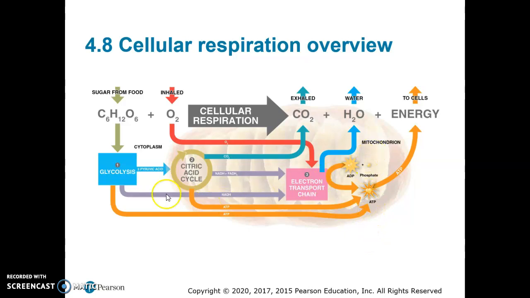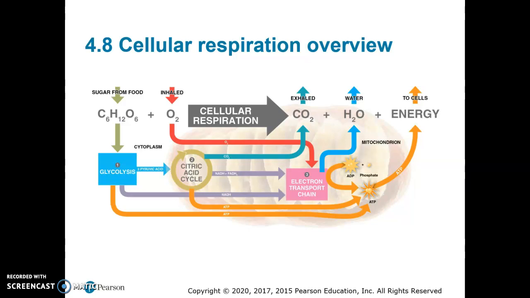Part of it is. But if we start out here with the first stage, glycolysis, it actually happens out in the cytoplasm. Before the sugar goes into the mitochondria, it has to be broken in half, because C6H12O6, that ring structure that we've looked at so many times, is too big to actually get into the mitochondria.